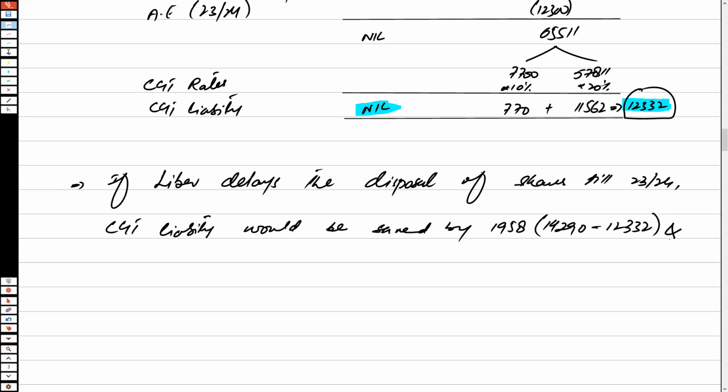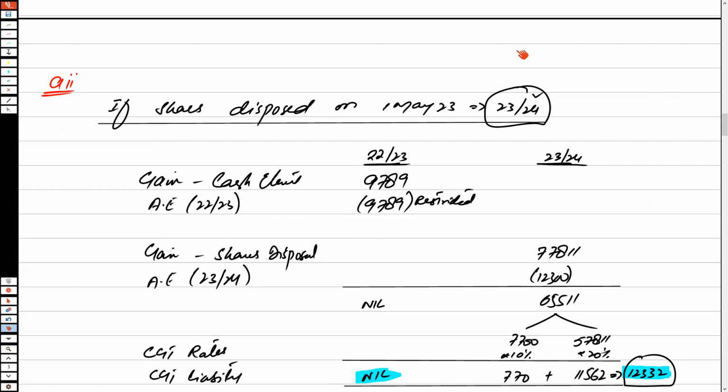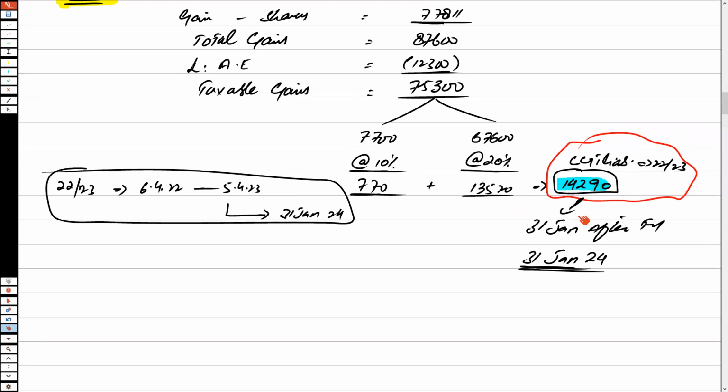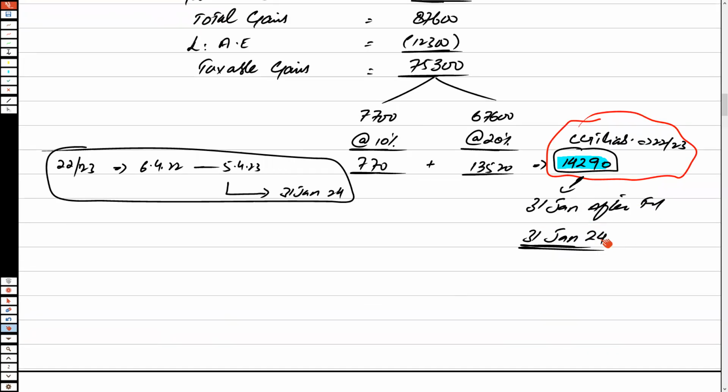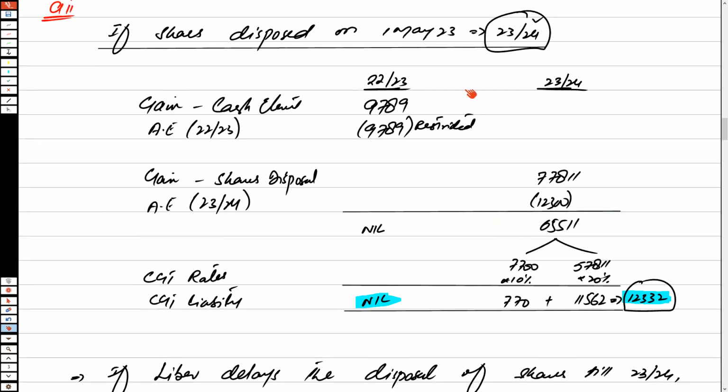And the second important point: any gains which are there in the fiscal year 22-23, the relevant CGT will be paid by 31st Jan after the fiscal year. So the date is 31st Jan 24.